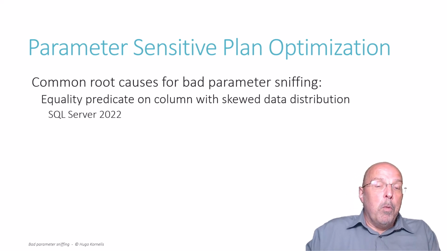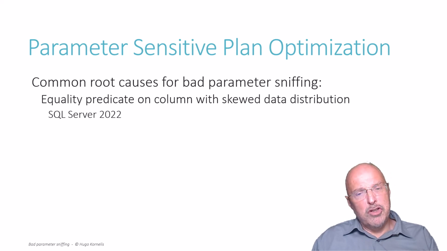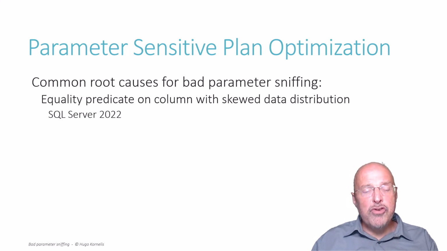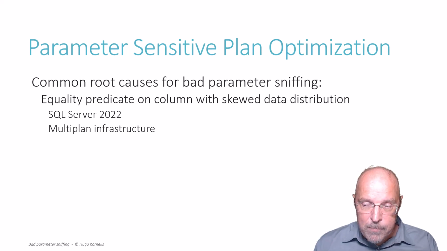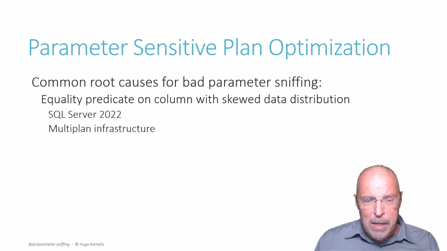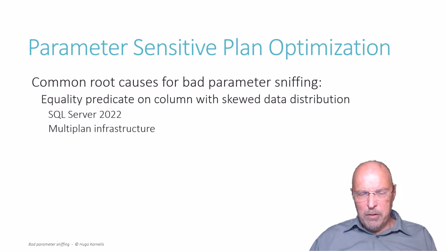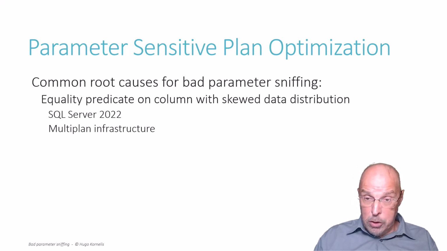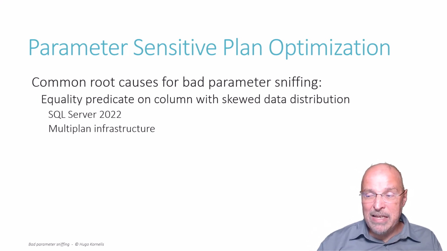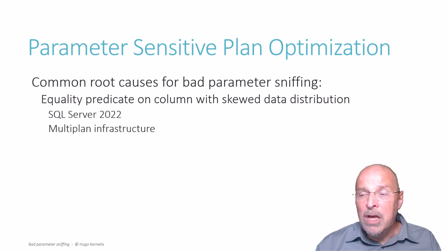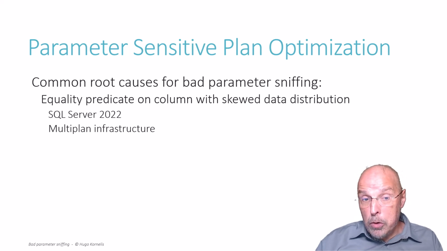Now, what Microsoft did in SQL Server 2022 was they introduced the so-called multi-plan infrastructure. Traditionally, queries are always associated with exactly one execution plan. And I need to put a footnote here. If you run with different combinations of ANSI settings or other settings, then that is no longer true.